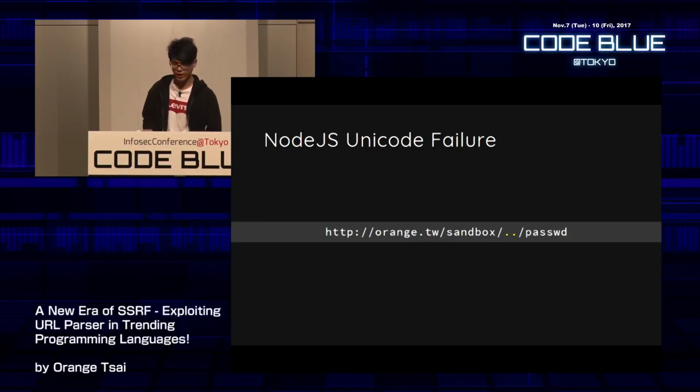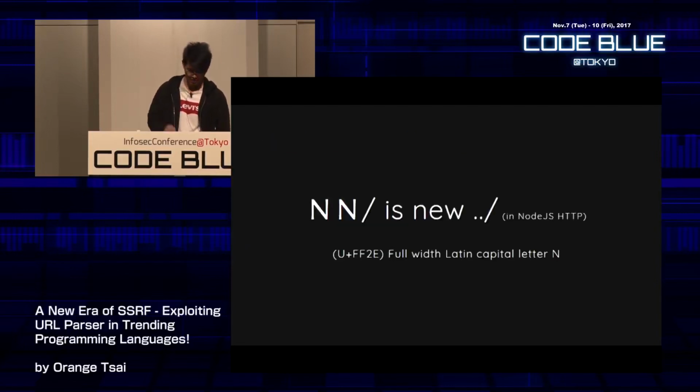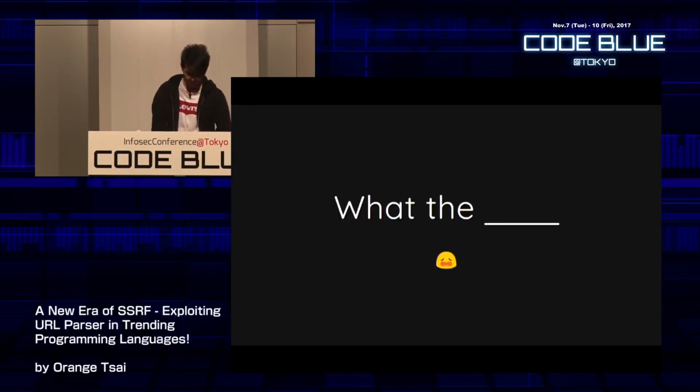So we can download the password file on the web root from the remote server. The double fullwidth n is the new ../ in the NodeJS HTTP module. What the hell? I have nothing to say.